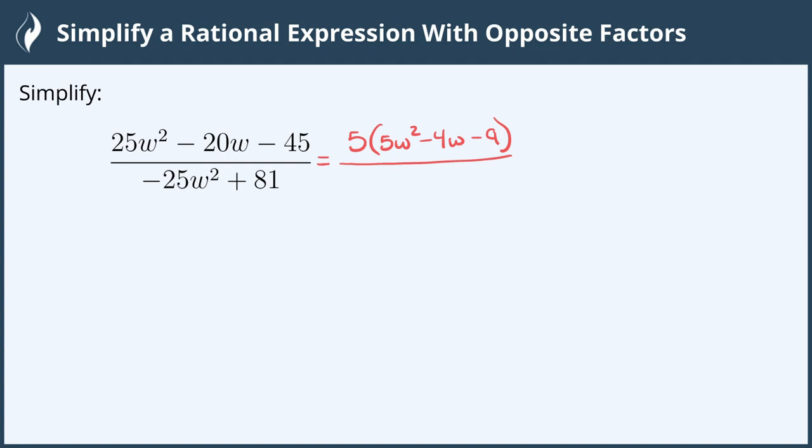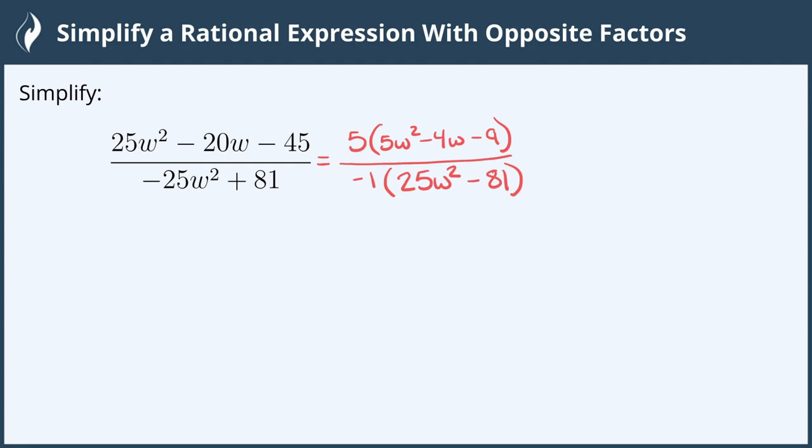Oh, actually, let's go ahead and take out a negative 1. This will then make our number at the beginning of our binomial a positive. So we end up with positive 25w squared minus 81. We always want the first number of any polynomial that we're factoring to be positive. It makes it much easier to factor.